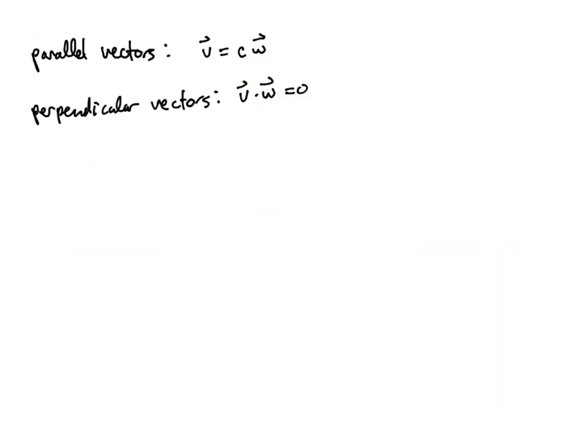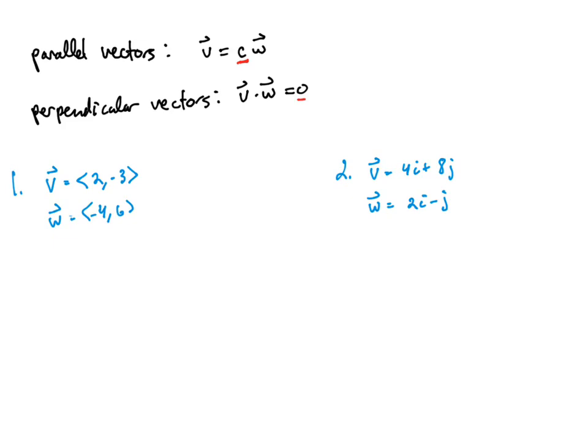So to recap, we have parallel vectors if vector v is equal to some scalar c times vector w. We have perpendicular vectors if when we take the dot product of the two vectors we get 0. Let's look at these two quick examples. In the first one, vector v is 2, -3 and vector w is -4, 6.